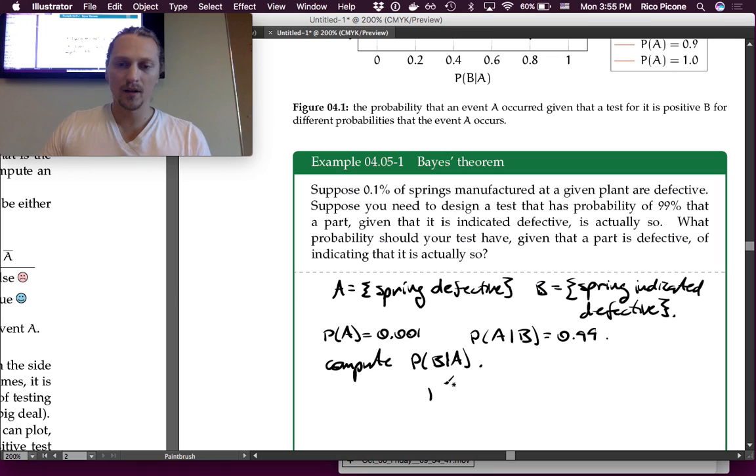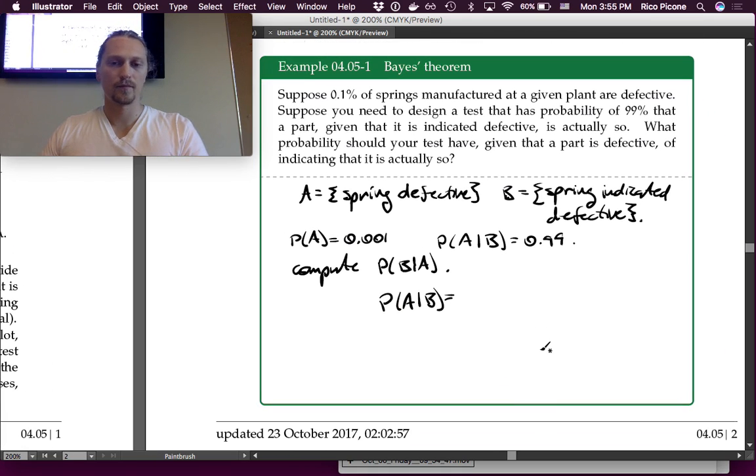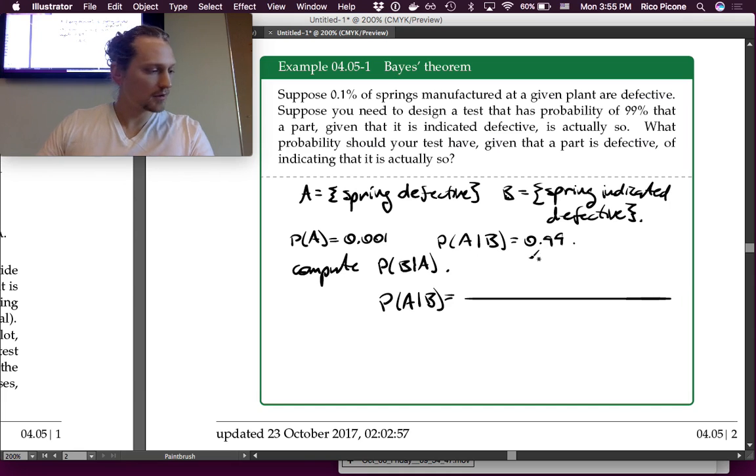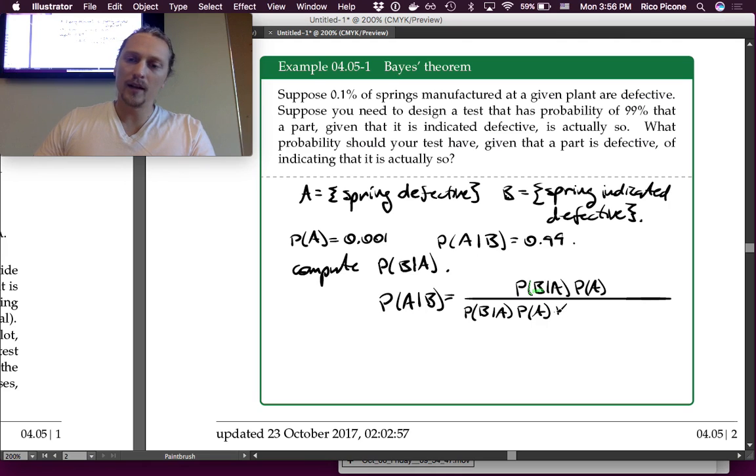And so our formula is the probability of A given B is equal to a long fraction: the probability of B given A times the probability of A, which is just from our formula, divided by the probability of B given A times the probability of A, plus, and then we're going to do a little bit different here, the formula says the probability of B given not A. That is just 1 minus the probability of B given A, right?